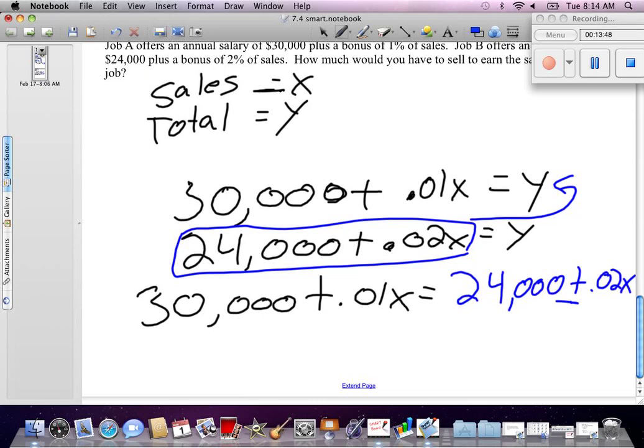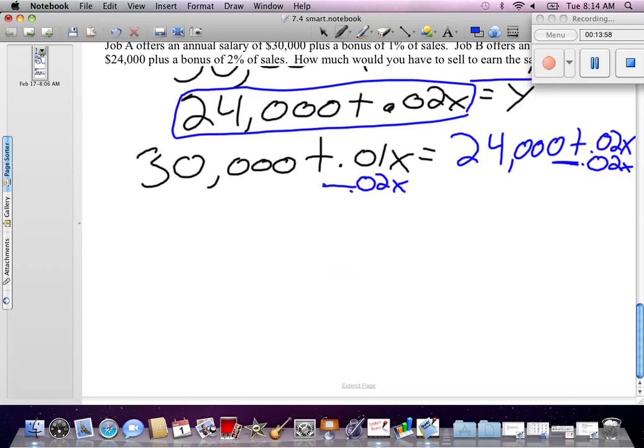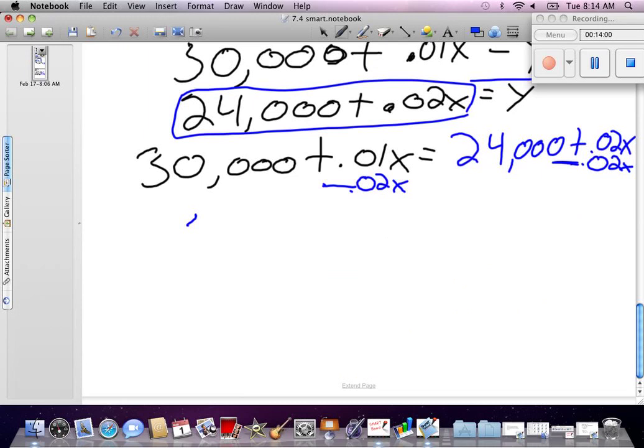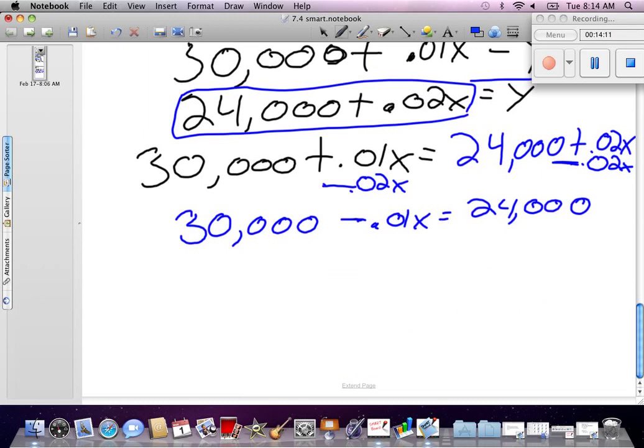So I'm going to subtract 0.02x from both sides. And I get 30,000 minus 0.01x equals 24,000.